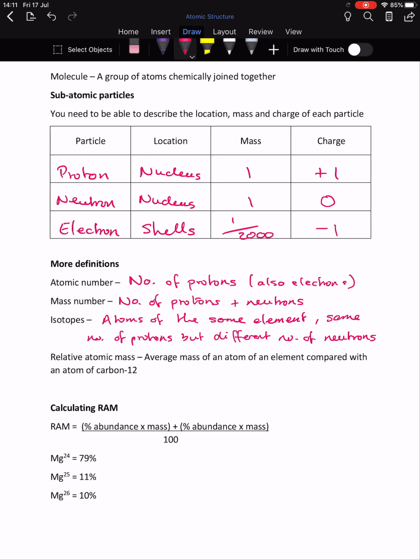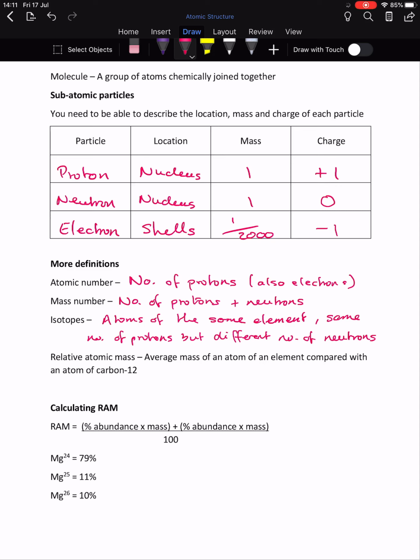So in an exam question, they could ask you, calculate the relative atomic mass of magnesium given the following data. So it's told us magnesium 24 exists in 79%, magnesium 25, 11%, and magnesium 26, 10%.